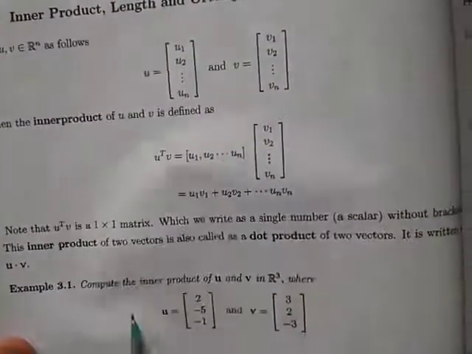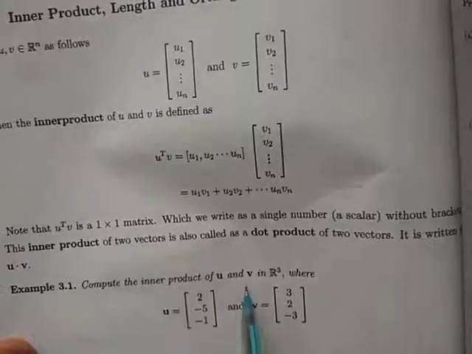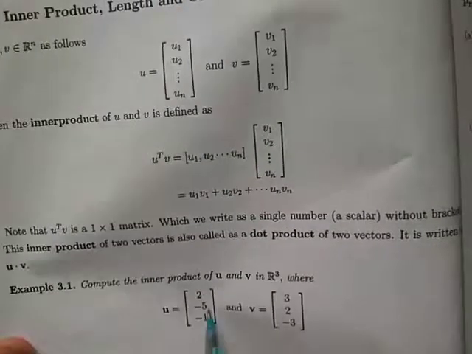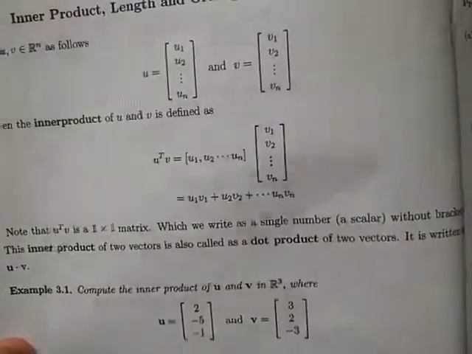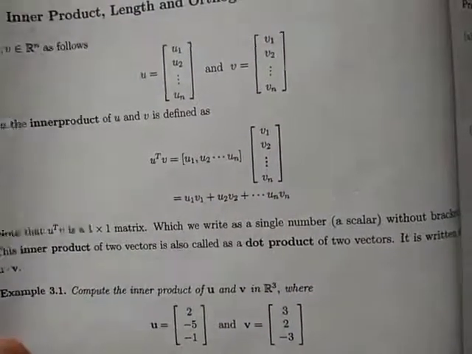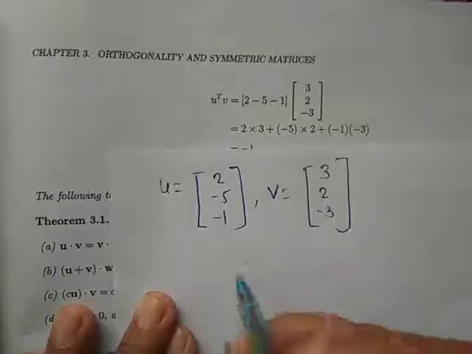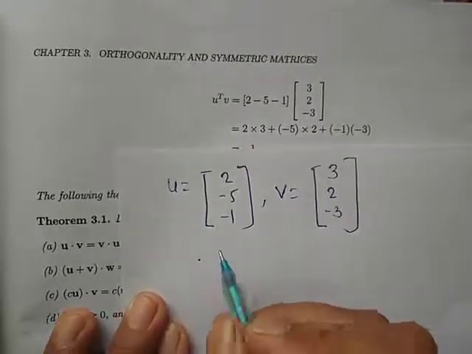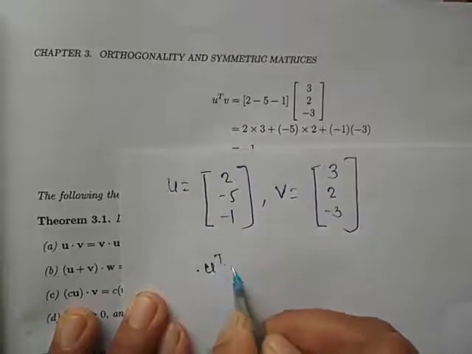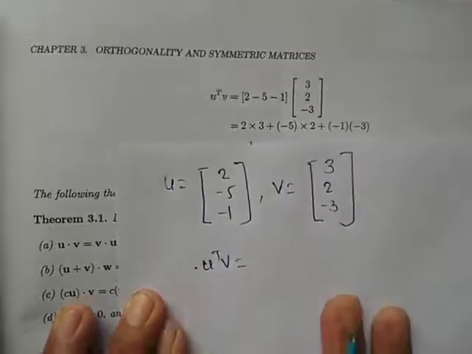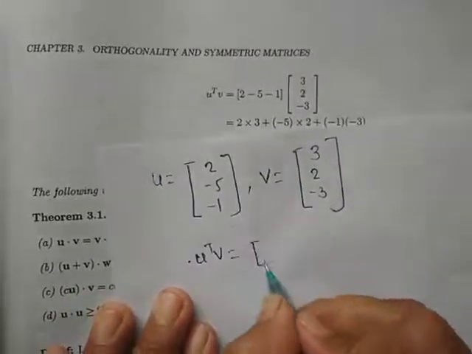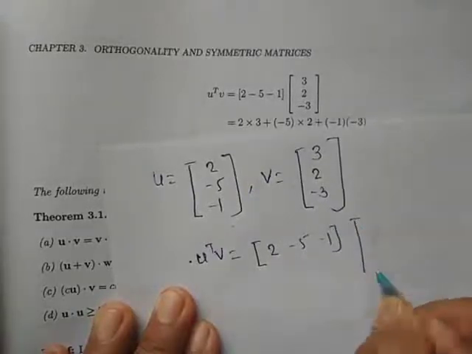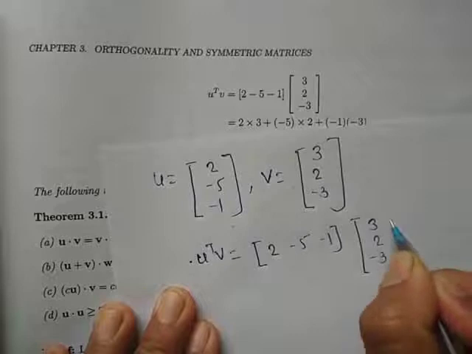Let us take an example. Compute the inner product of u and v in R3 where u is this and v is this. Okay. We have to compute the dot product of u and v. Dot product of u and v is nothing but u transpose into v. u transpose is 2, minus 5, minus 1, into v which is 3, 2, minus 3.